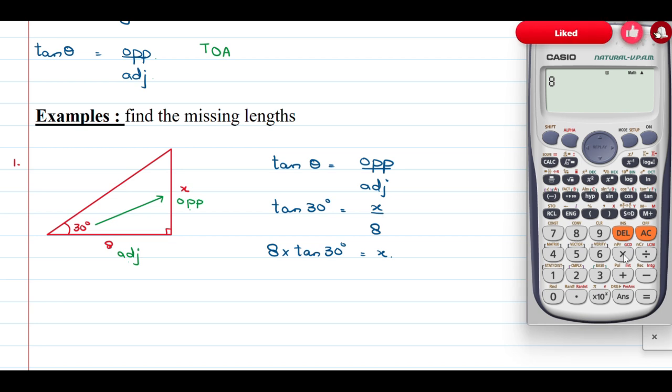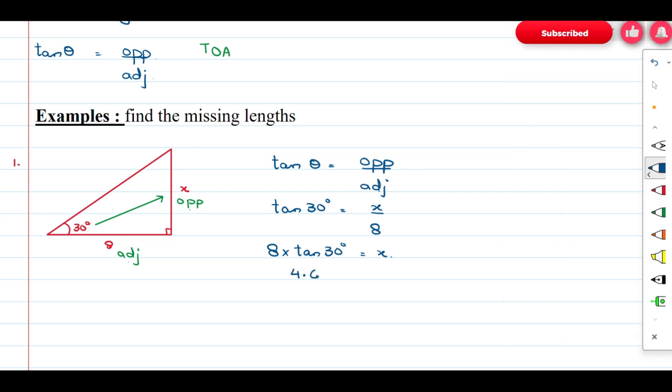Let me calculate that. 8 times tangent of 30 is 8 root 3 over 3, or in decimal, 4.62. So 4.62 meters is your x. The length 8 is also in meters.